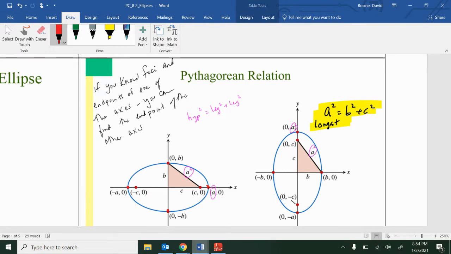This was kind of a neat little relationship. We'll see why we call this a and b in a second.